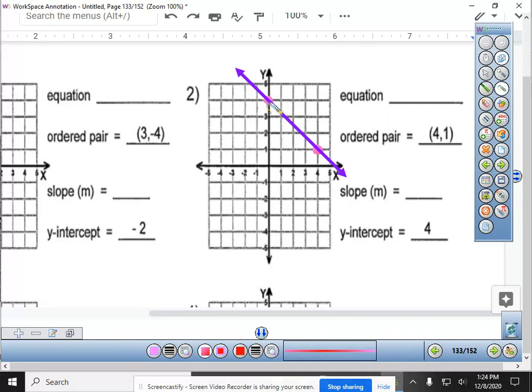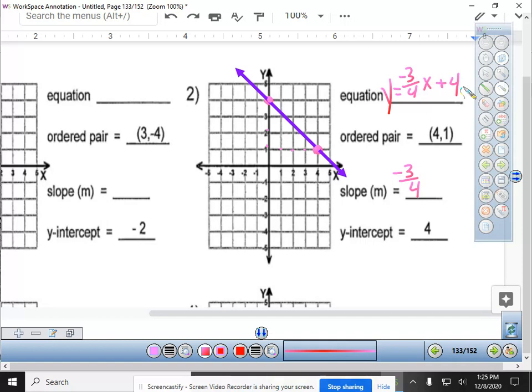What is the slope? Is it positive or negative? It's negative. Let's count it. 1, 2, 3. 1, 2, 3, 4. So what is it? Negative 3 over 4. Equation, y equals negative 3 over 4x plus 4.